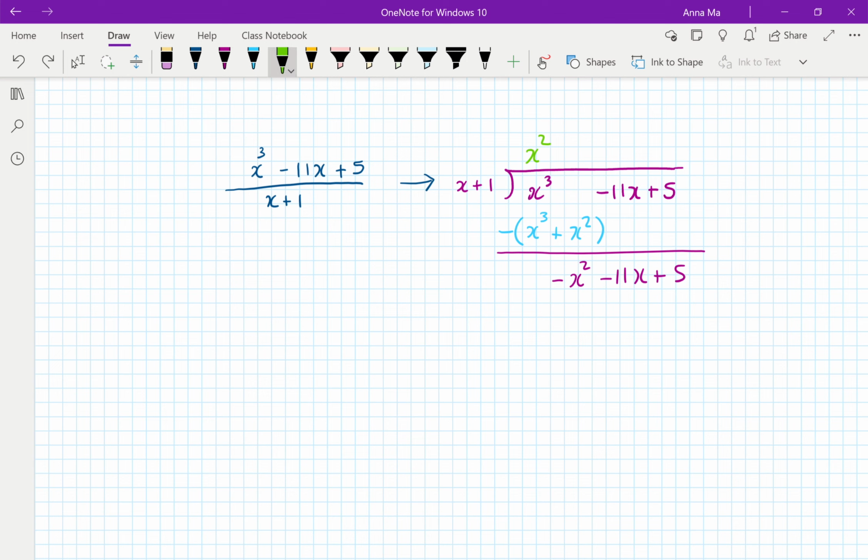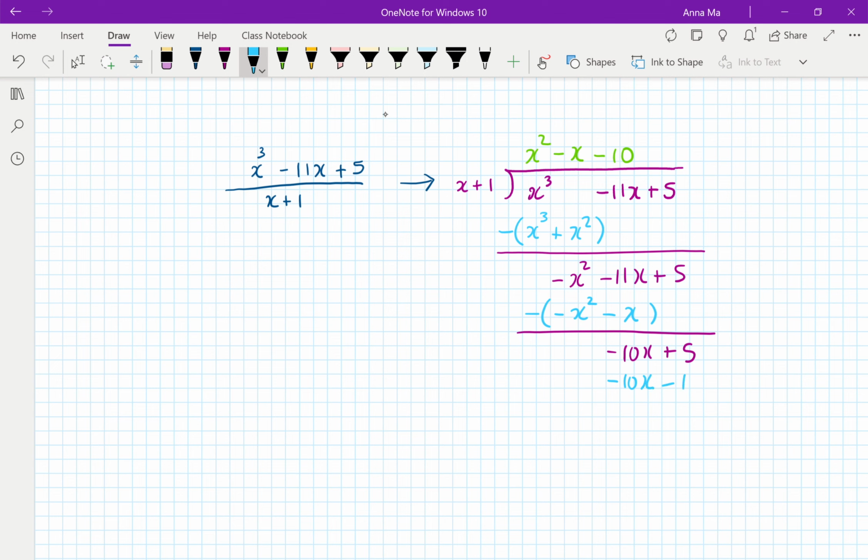Anyways, we continue the same step. X times what gives me negative x squared? Negative x. And if you multiply it with the divisor, you get negative x squared minus x. Subtract it. You will get negative 10x because you're adding x plus 5. Match it again. X times negative 10 would give me negative 10x.